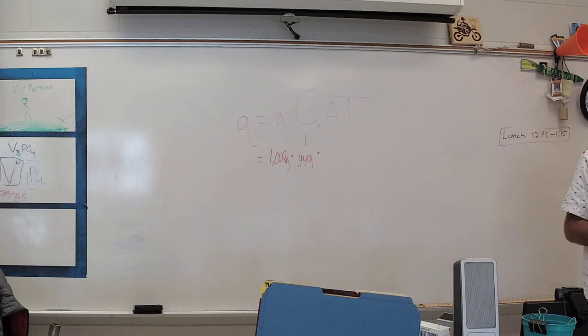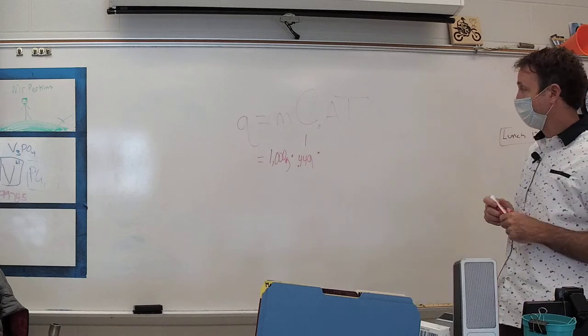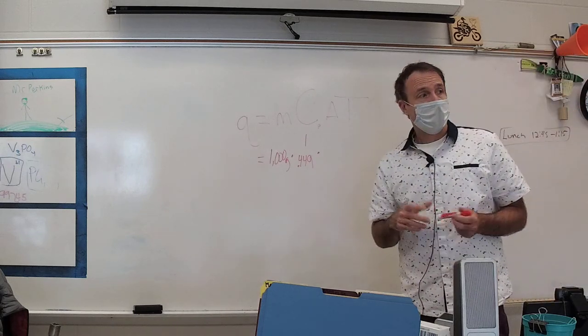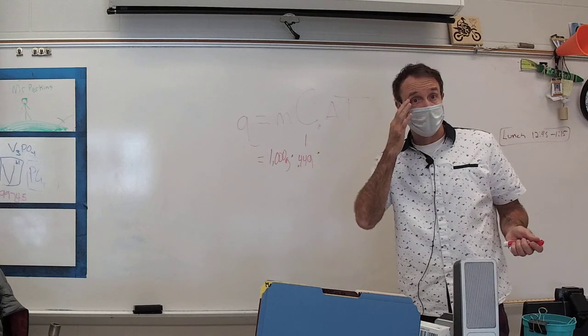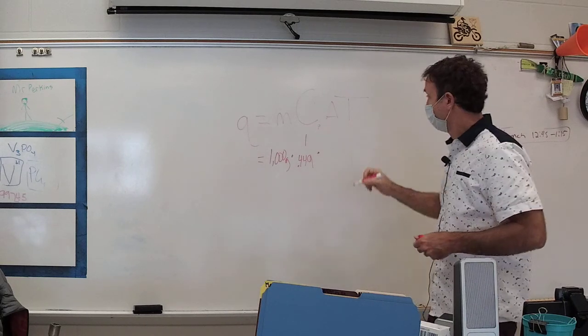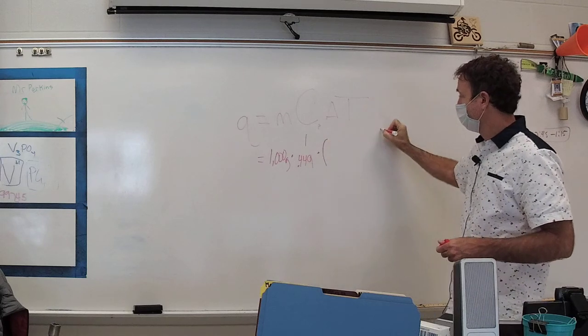Now, if you put it on the stove until it was very hot, let's say you heated it up to, say, 100 degrees Celsius, and then you used it until it was room temperature. What would that change in heat be?